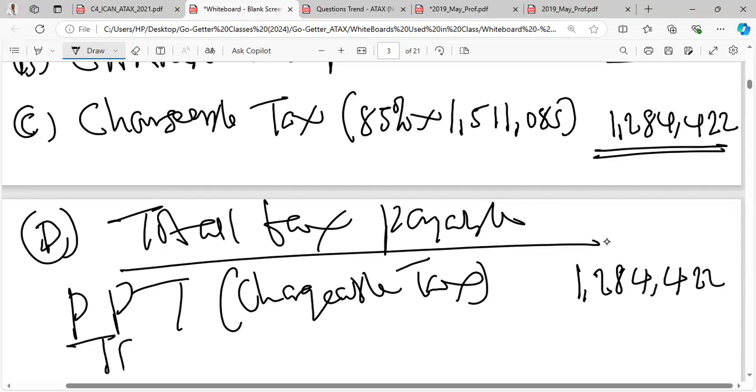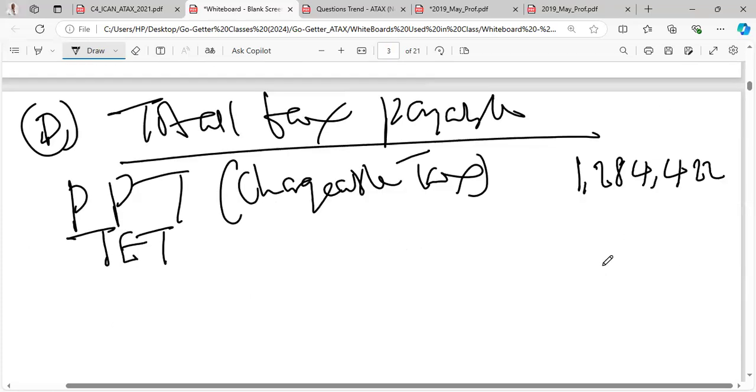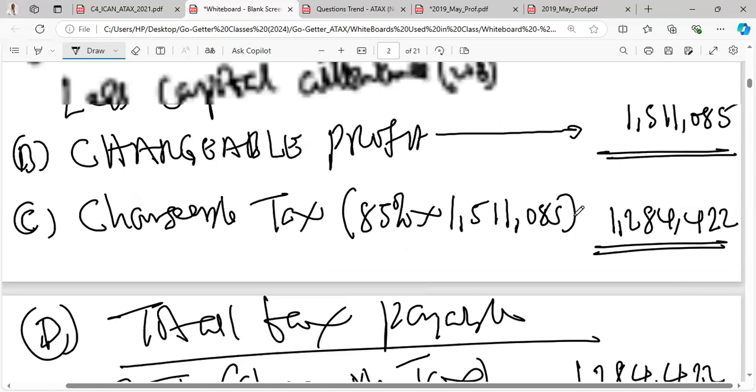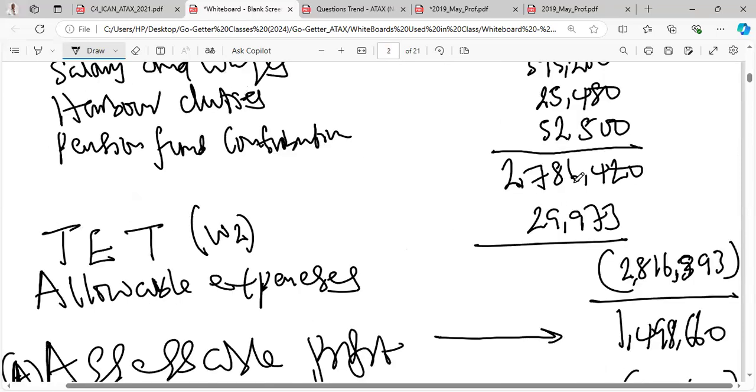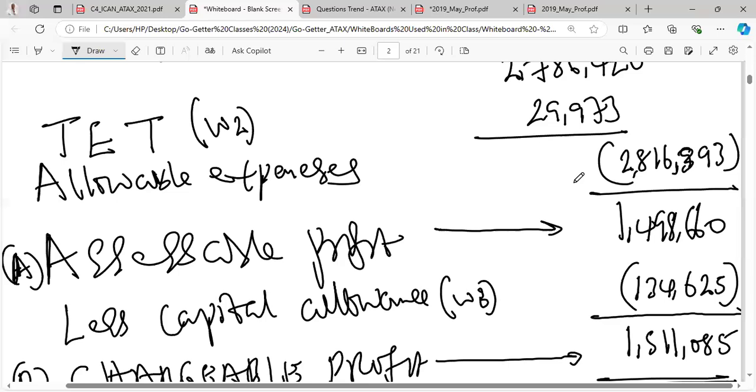You're also going to be paying your tertiary education tax. The tertiary education tax which you calculated, though it is allowable, you will still pay it: 29,973.